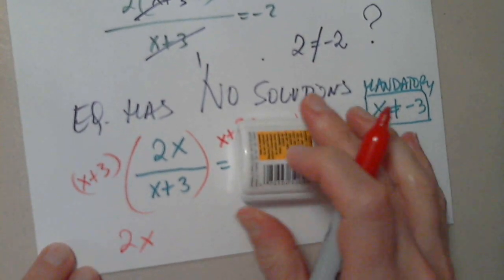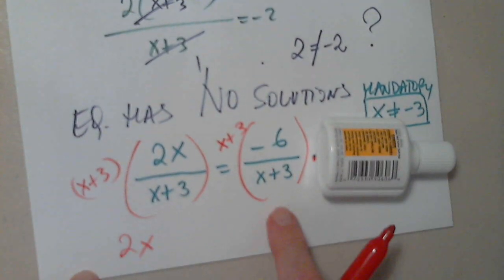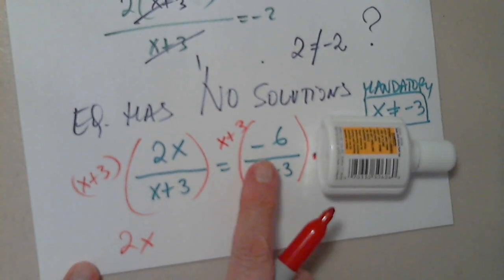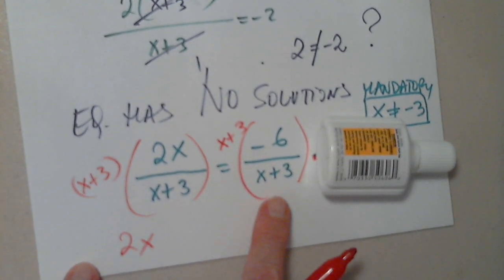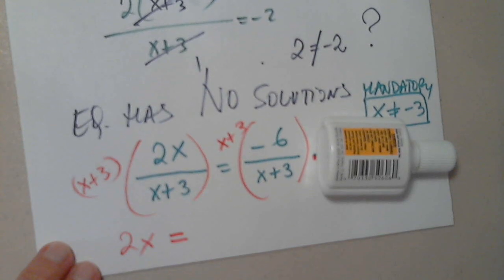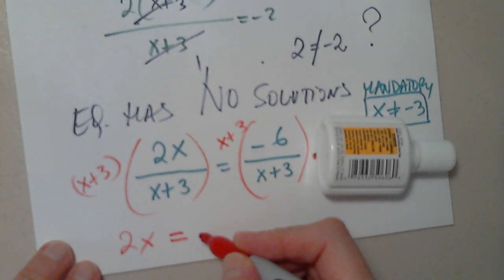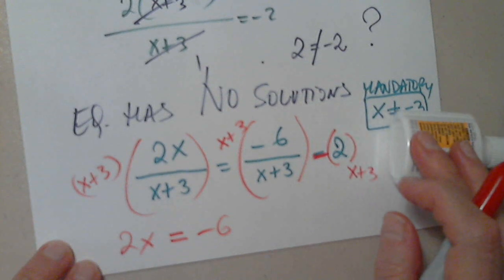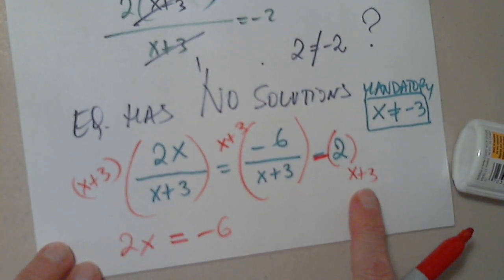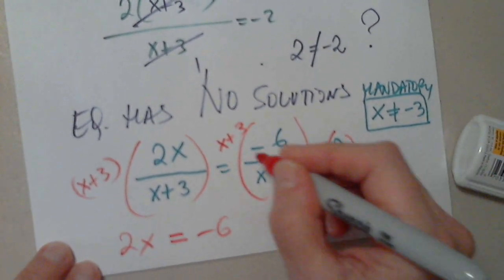Excellent. What do we get here after we multiply negative 6 by x plus 3 and divide by x plus 3? Negative 6. Excellent. Negative 2 has to be distributed to x plus 3.